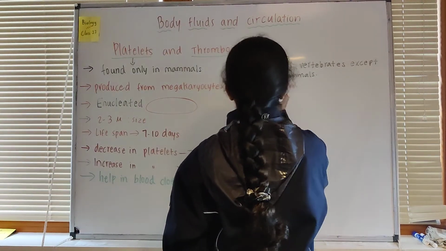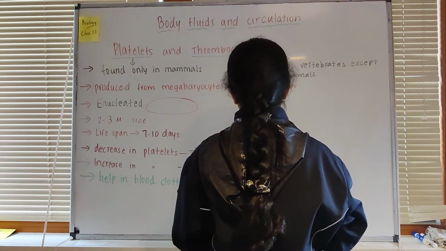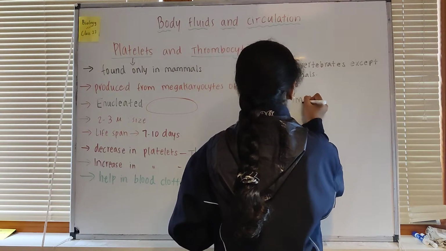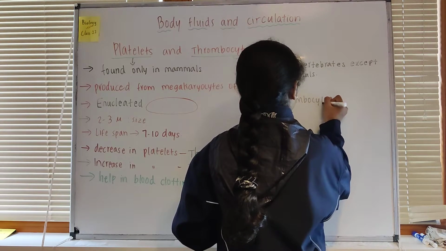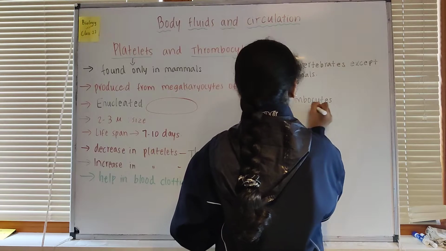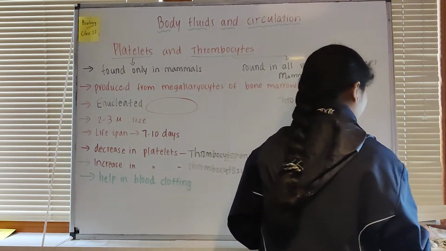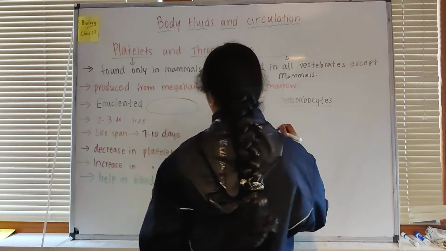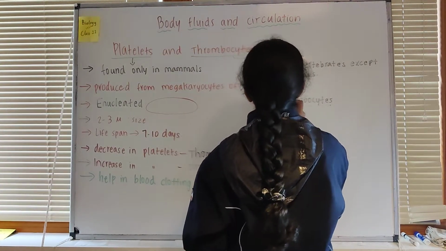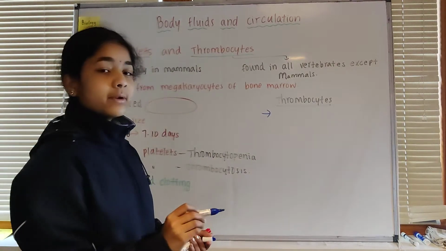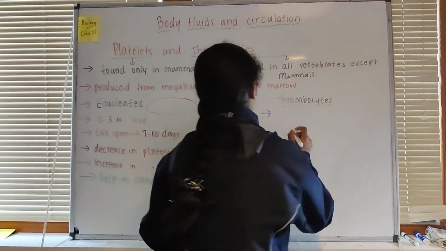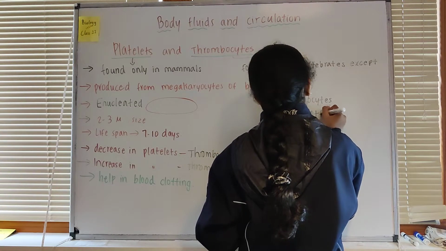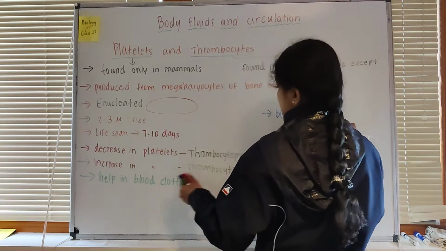Thrombocytes also help in blood clotting, and we saw that they are found in all the vertebrates except mammals. Same function as platelets.